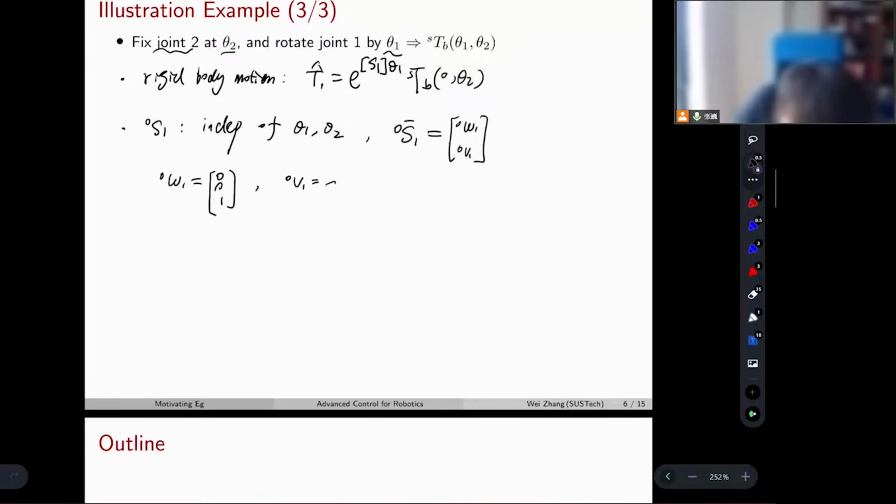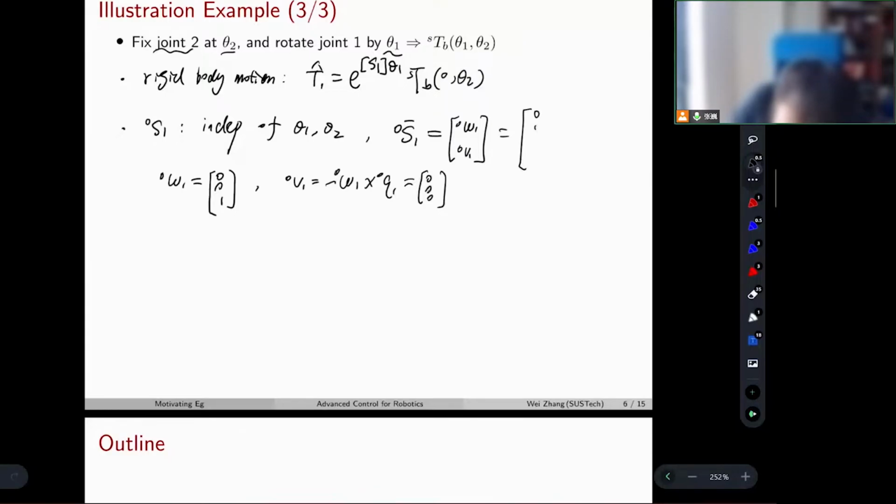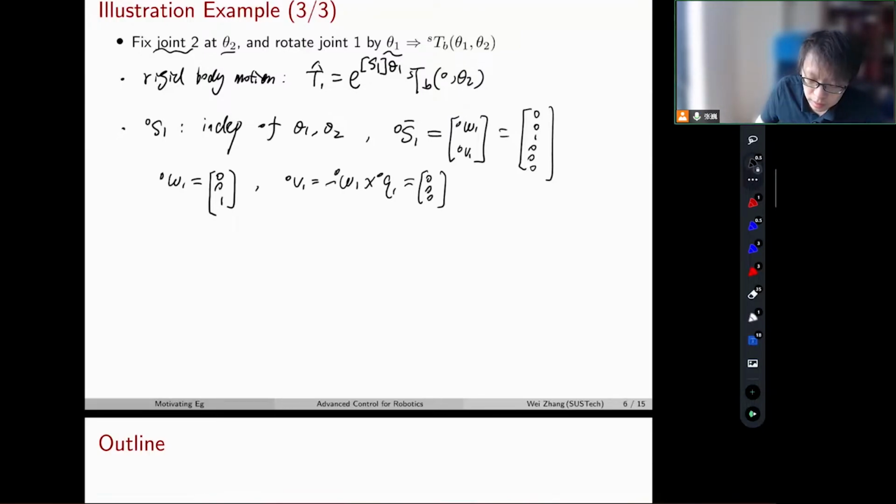It's negative omega 1,0 cross Q1,0, where Q1,0 is any point on the screw axis. I can choose the origin of the O frame, so it's entirely 0. So the whole thing becomes 0, 0, 1, 0, 0, 0. That's my screw axis 1 in the inertial frame 0.